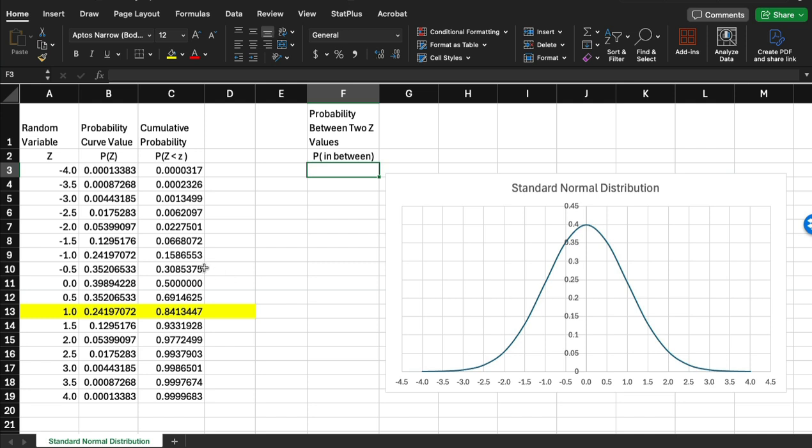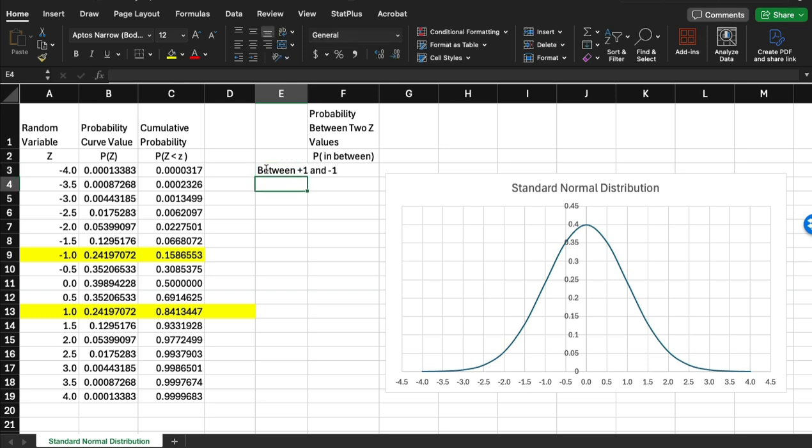So the probability between positive 1 and negative 1. If I highlight that, what if we wanted to know the probability between those two values? Basically these two cumulative probabilities would just have to be subtracted. So let's just say that we wanted to know between positive 1 and negative 1.